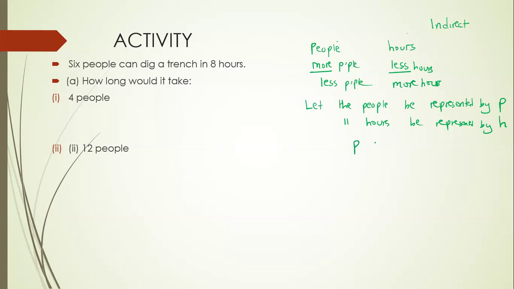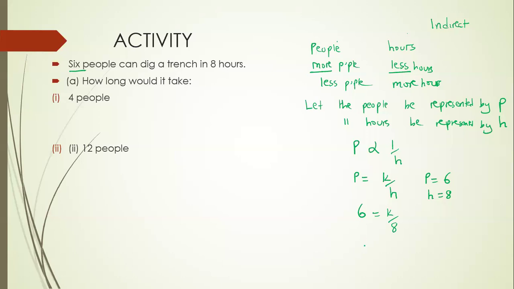So we shall say P is inversely proportional to 1 out of H, which we can write as P is equal to K out of H. Now, your task is to find K, but they told you initially that 6 people. So initially, your P was 6. Then the hours were 8. So you substitute. Where there is P, you put 6. So we shall say 6 is equal to K out of 8. What do we want? K.